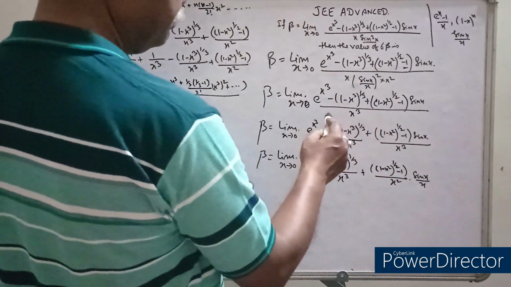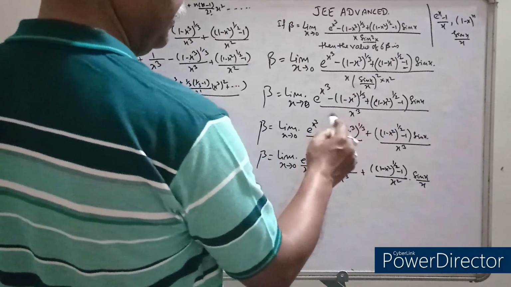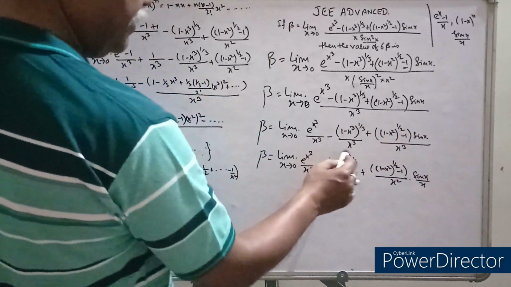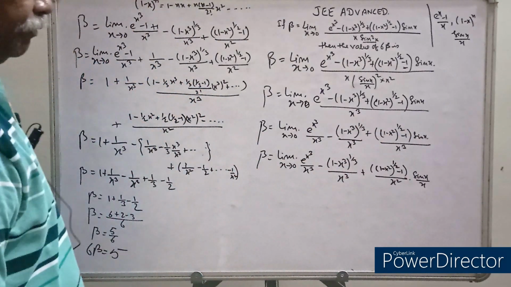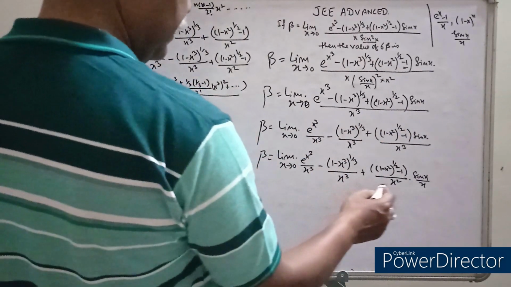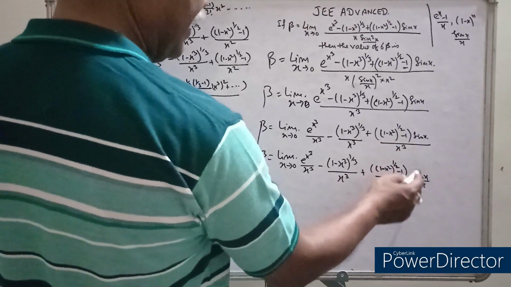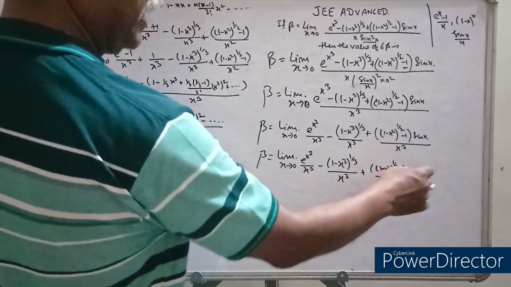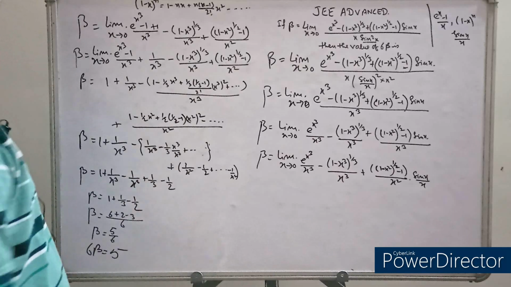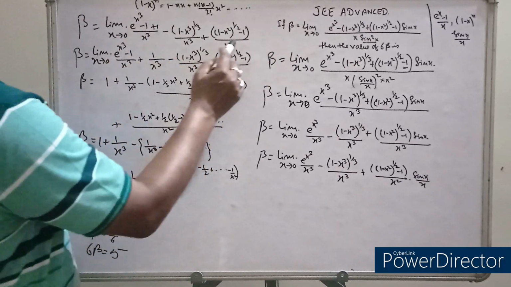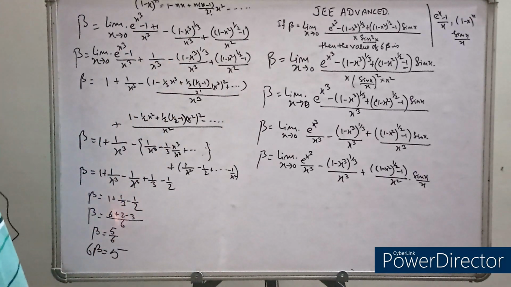And now I have separated this denominator. See how I have separated this denominator. And here again you see this sin x by x, I have removed it because this is 1, and ultimately these 3 terms remain here.